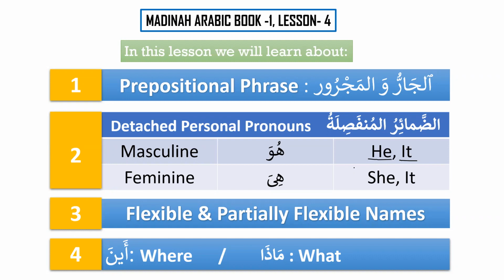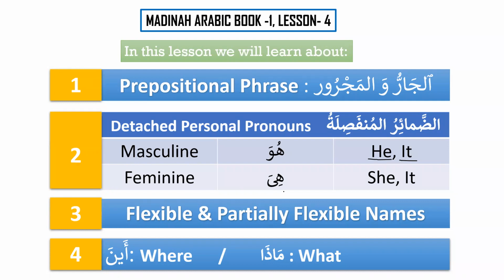So there is a possibility that it will be used for a book, or for qalam and for maktab. So if it is used for a person, we translate it as he, and when it is used for a thing, we translate it as it.